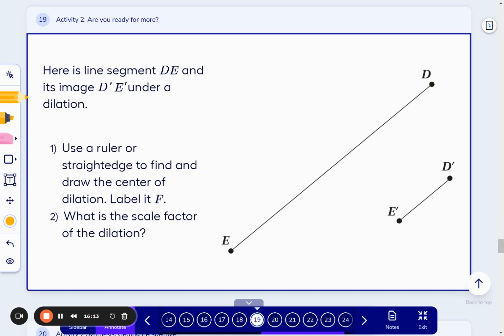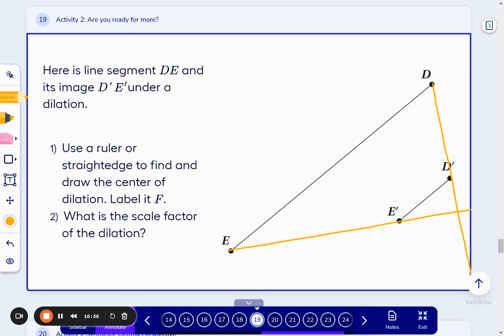Here, if you want to find the center of dilation, use a ruler straightedge to find the center of dilation. Basically, we want to connect up D through D prime down as far as you can, and from E through E prime.